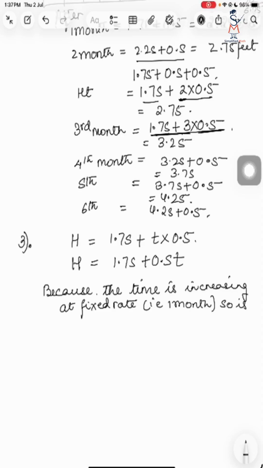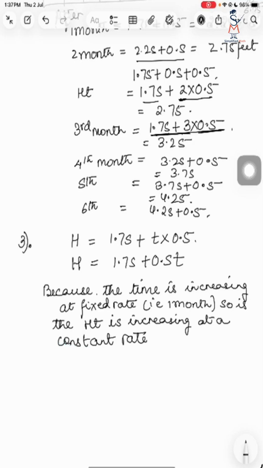So is the height increasing at a constant rate. The time is increasing at a fixed rate, that is 1 month.